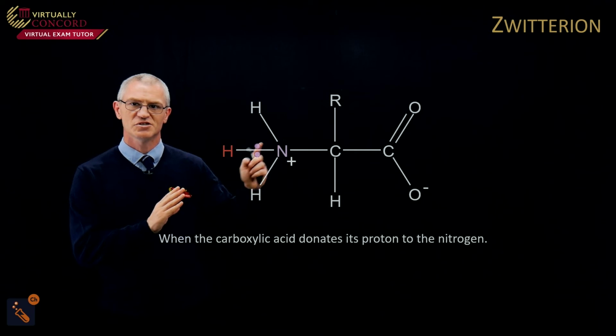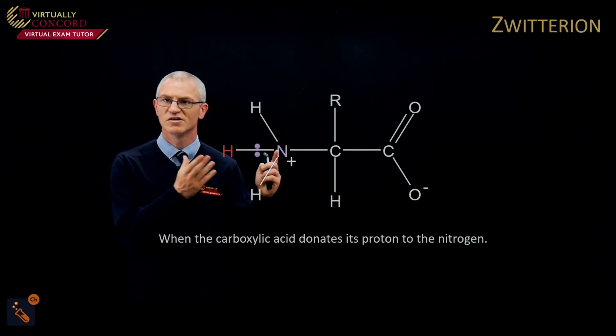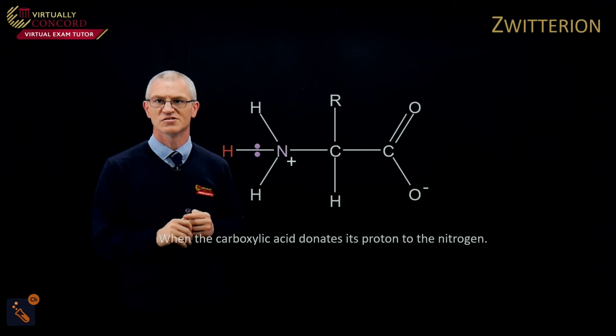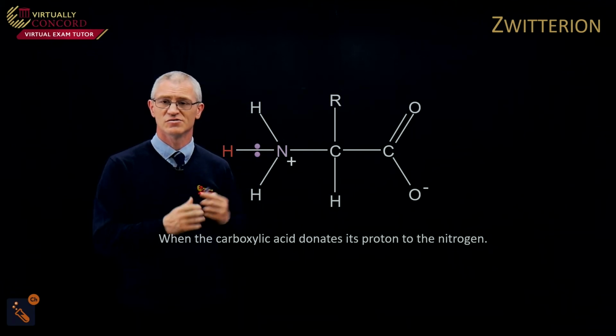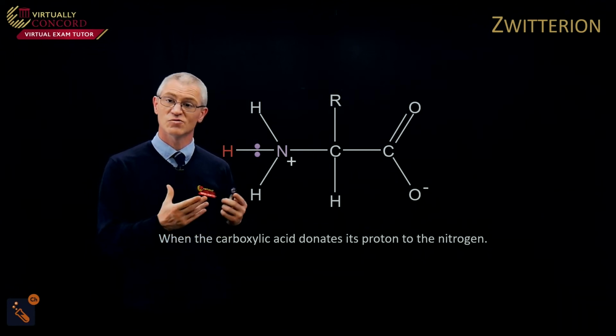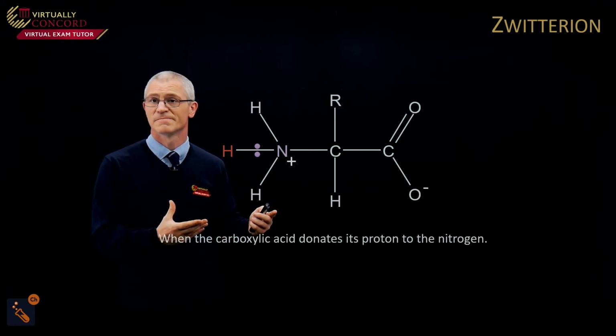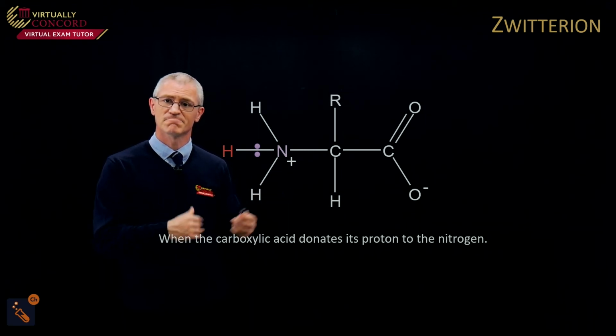So there you go, you've got that positive charge here, you've got the negative charge there because it's lost its proton. You've got the positive charge here because the nitrogen has too many protons and too many bonds, okay? And overall this is still neutral. And that is a zwitterion, and alpha amino acids and all amino acids are able to do this, and you may be asked at some point to draw this, okay?